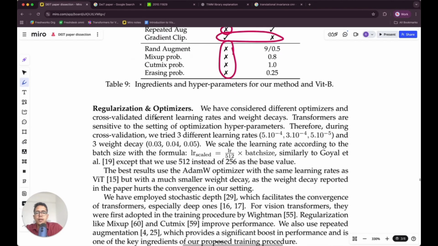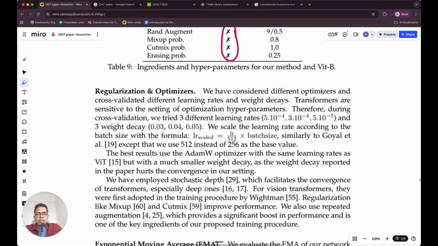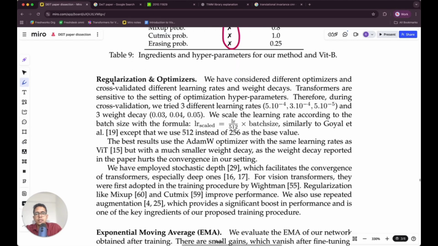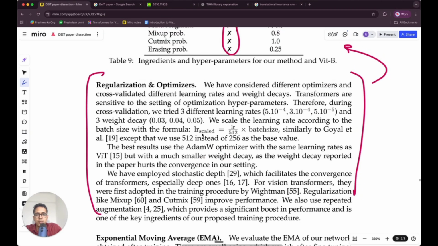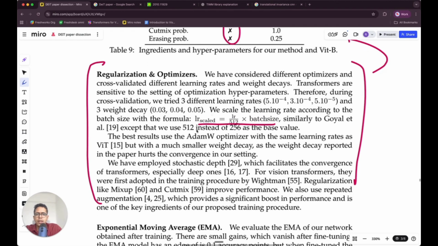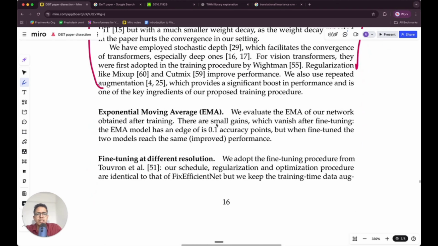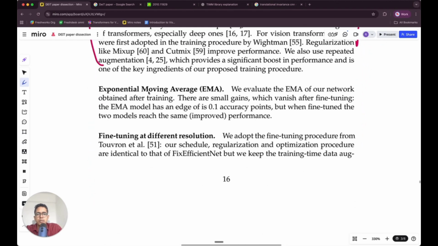Regularization and optimizers. We have considered different optimizers. This paragraph is just an explanation of what this Table 9 is, I guess. They must have referred to Table 9 somewhere in this paragraph. Learning rate is the learning rate divided by 512 multiplied by batch size. But these are just specific details of what they did, not conceptual. Exponential moving average.